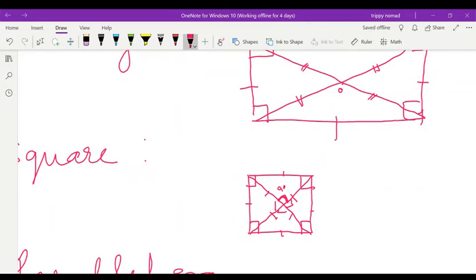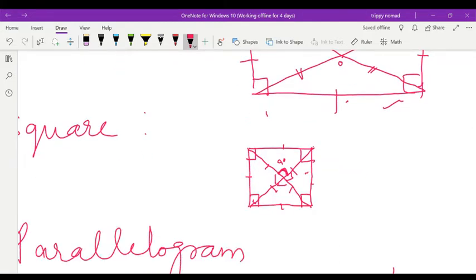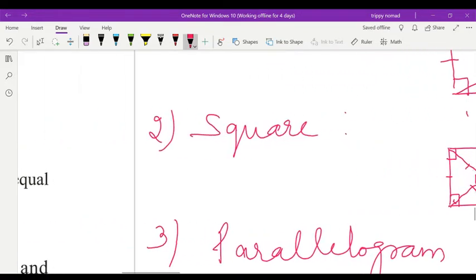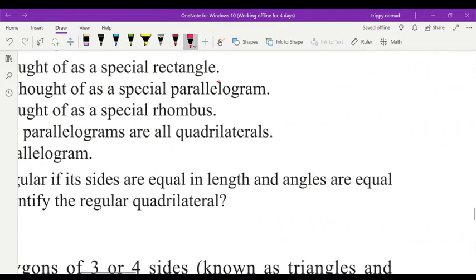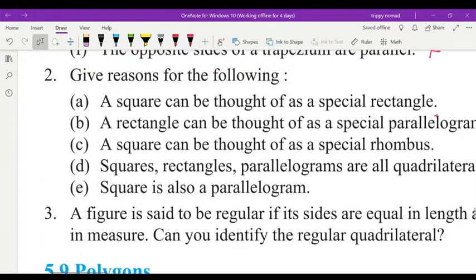In a rectangle, only the opposite sides are equal. But a square also fulfills the properties of a rectangle, because each angle is 90 degrees, the diagonals are of equal measure, and they bisect each other. So all the properties of a rectangle are fulfilled by a square. So you can say that a square is one kind of rectangle.